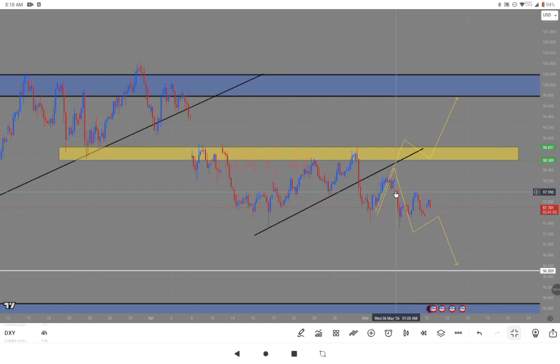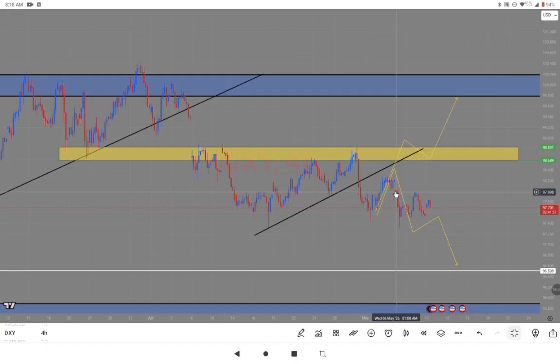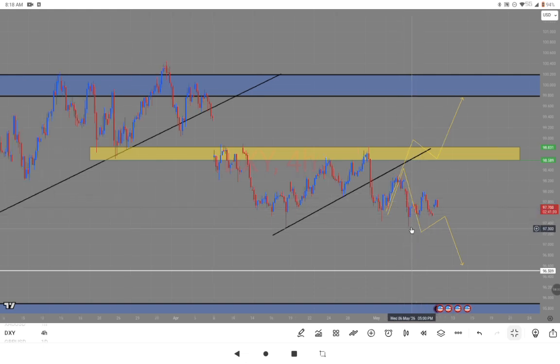Today is currently Monday, 11th of May. So let's check what we have for this week. Now, what I'll be expecting from the dollar index this week is, let me take out the last week analysis line.